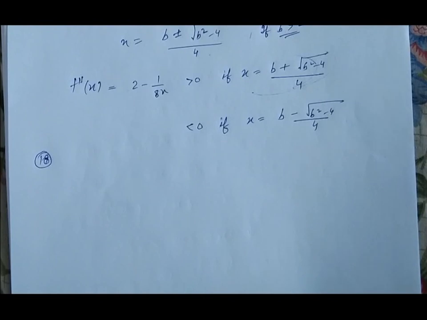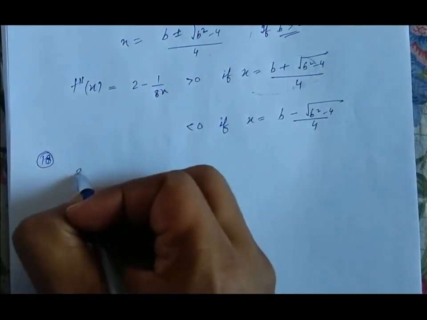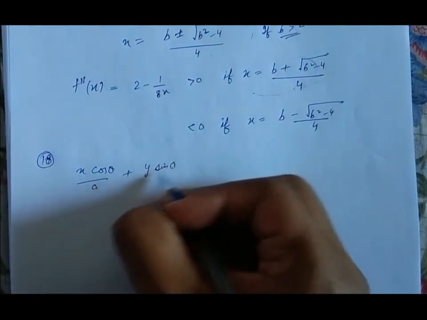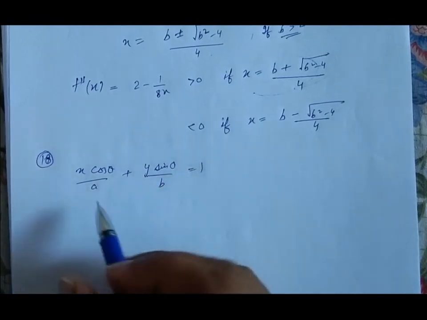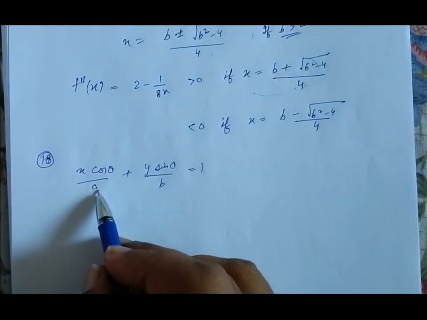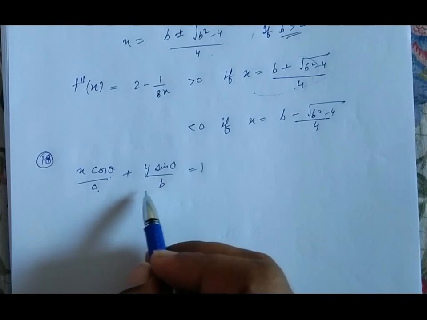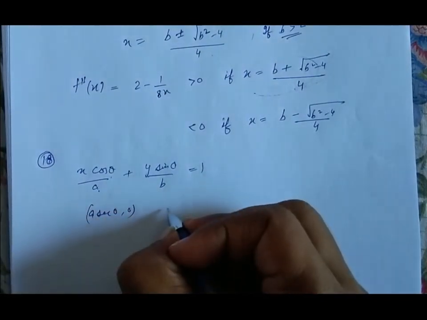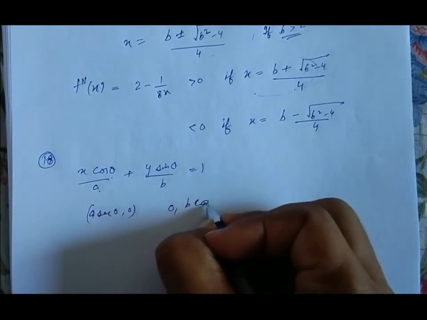So we know that the equation of the tangent at theta to the ellipse can be written as x cos theta by a plus y sin theta by b is equal to 1, and its intercepts will be (a sec theta, 0) and (0, b cosec theta).